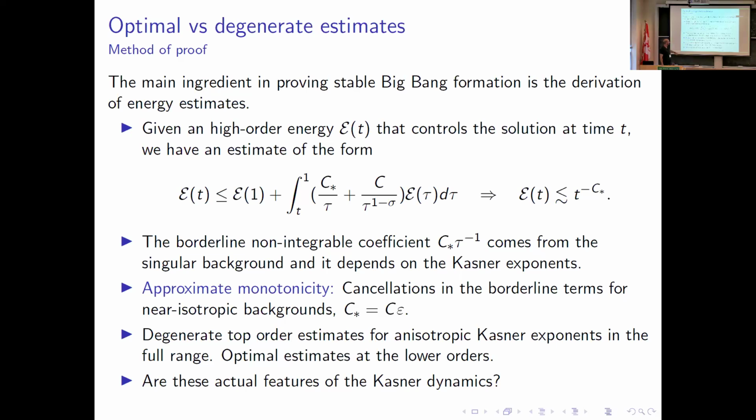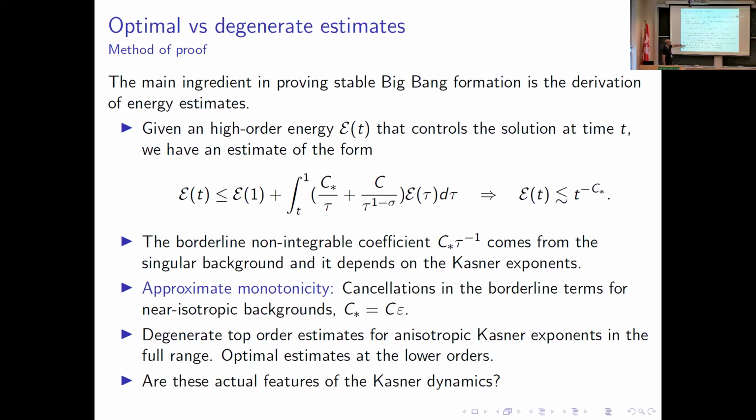So then, for the full range, or let's say more anisotropic Kasner exponents, a new method was introduced as far as the energy estimates are concerned, which allows for very degenerate top order estimates. You can have C star as big as you like, as long as it only depends on the Kasner exponents and not, let's say, how many derivatives you're taking.